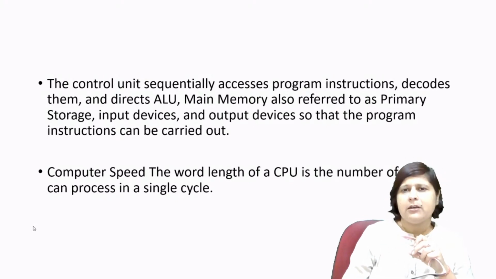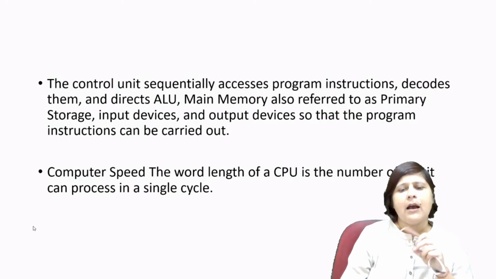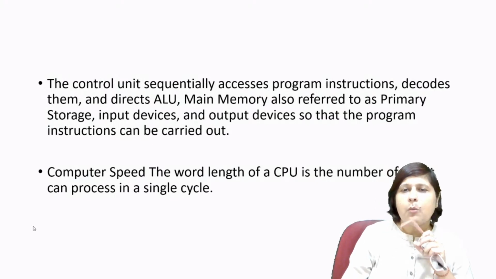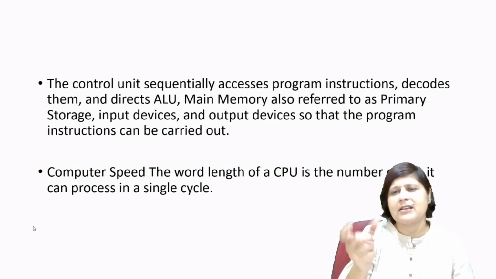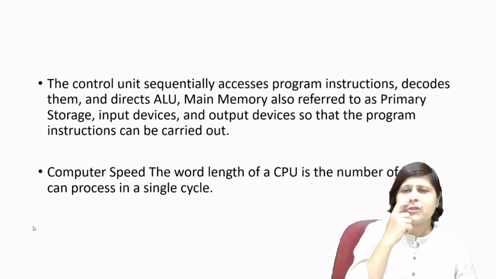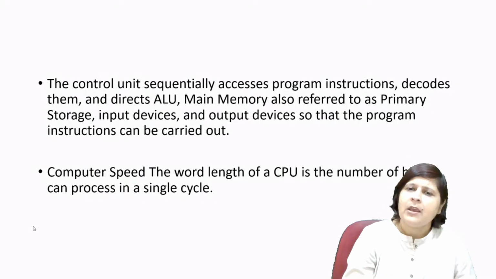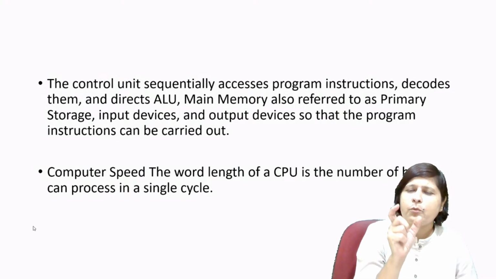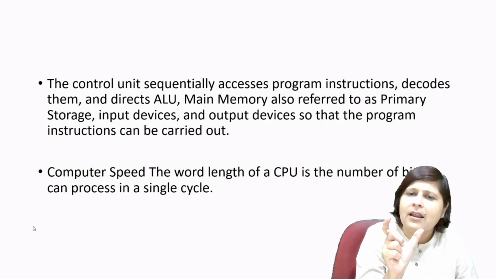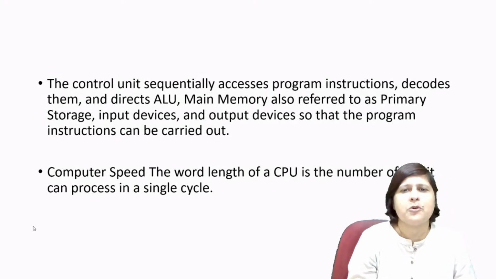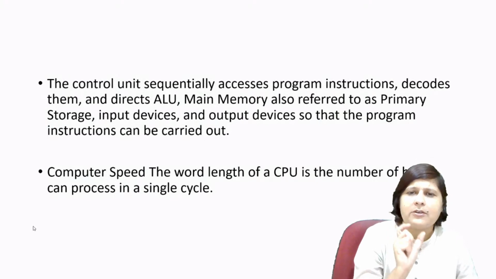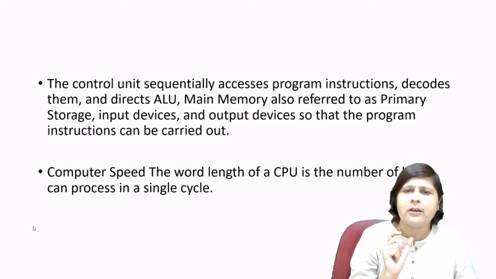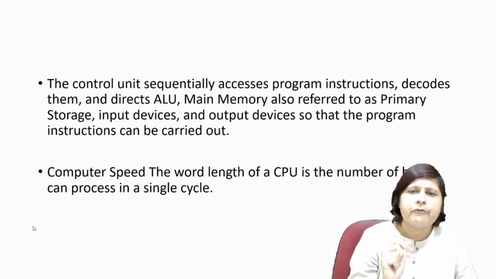Computer speed. What is computer speed? The word length of the CPU is the number of bits it can process in a single cycle. How would you say what the speed of your system is? The number of bits which your computer can compute in a single cycle is known as the speed. You might have heard about a 32-bit computer, 64-bit computer, 128-bit computer, 256-bit computer.